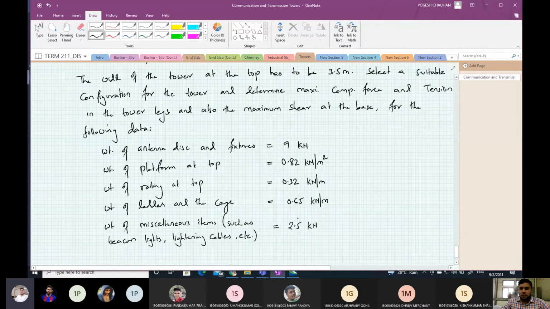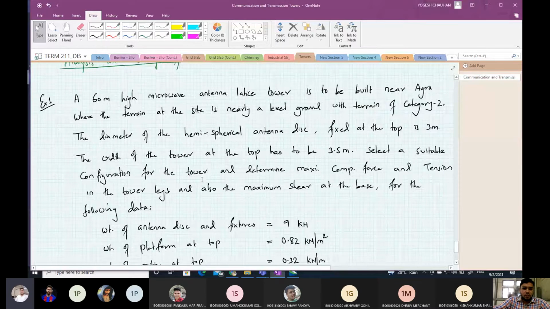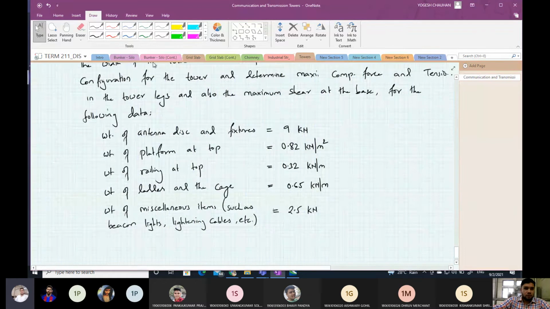Okay, so this is the data given to us, and we have to analyze the tower and find the maximum compressive force and tension force in the tower legs, and also the maximum shear at the base. So let us solve this.